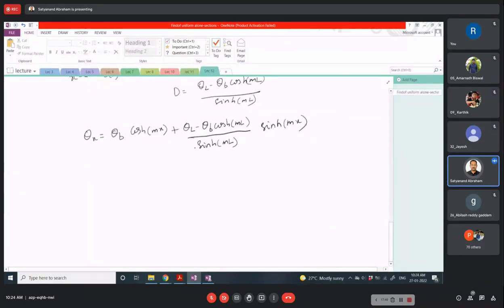Now we are going to multiply the numerator and denominator with the other terms, and try to simplify the equation.